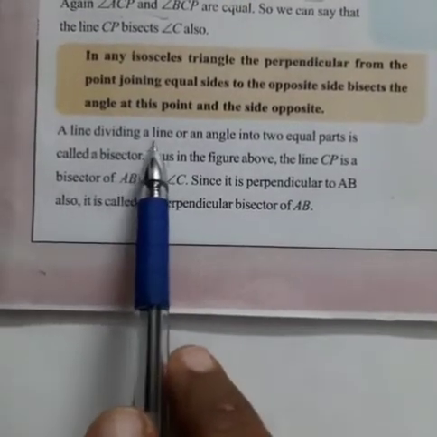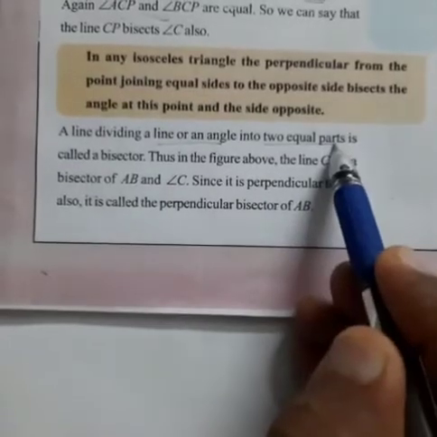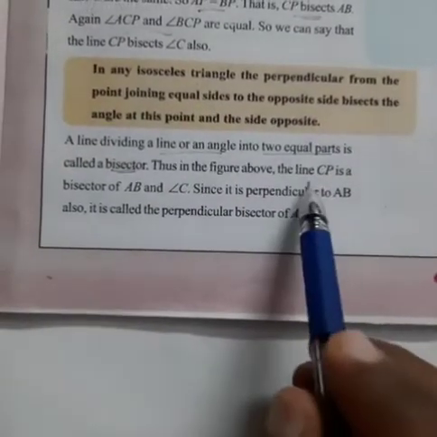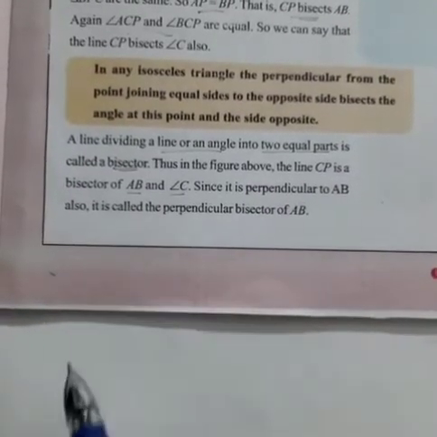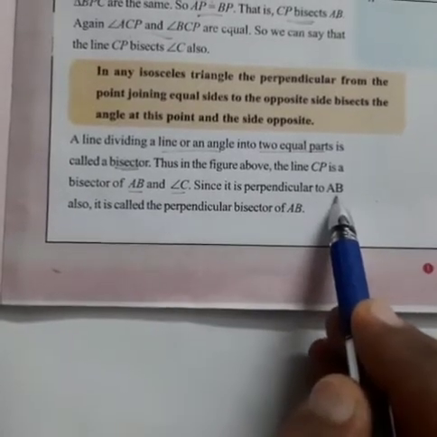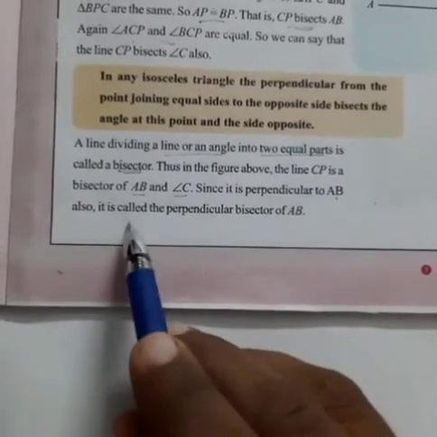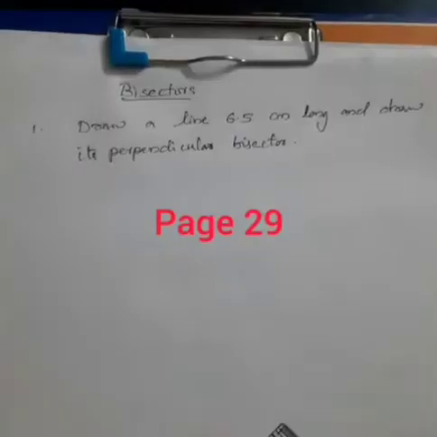A line dividing a line or an angle into two equal parts is called a bisector. Then CP is a line bisecting AB and angle C. Since CP is perpendicular to AB, it is called a perpendicular bisector of AB also.